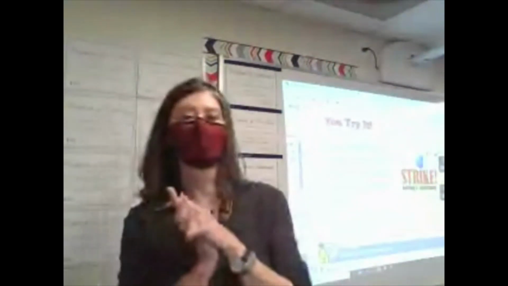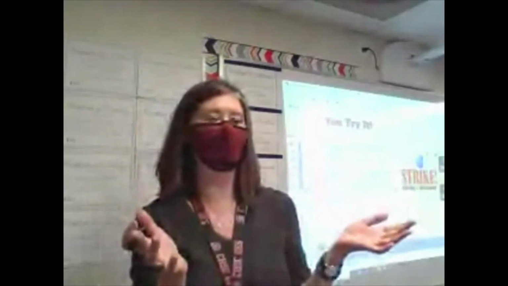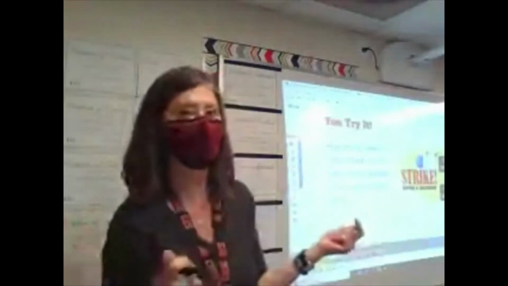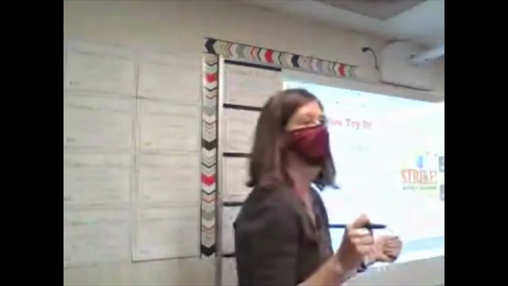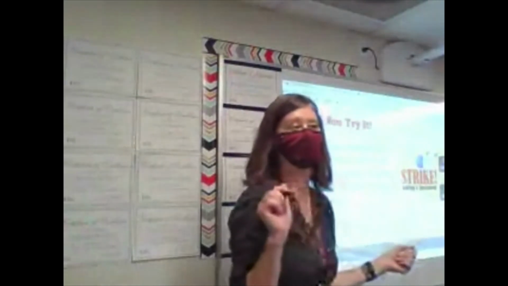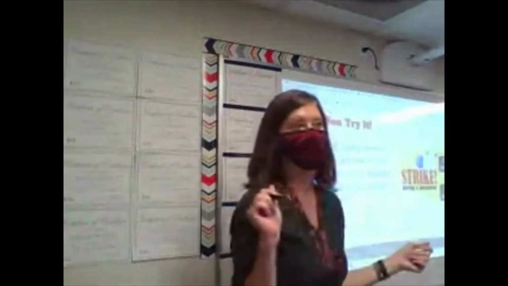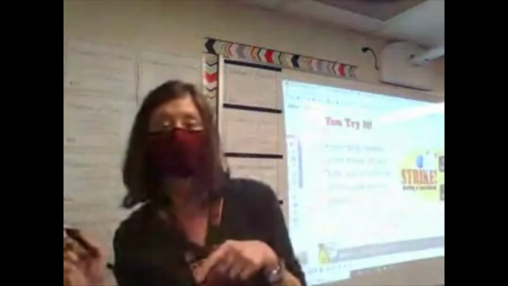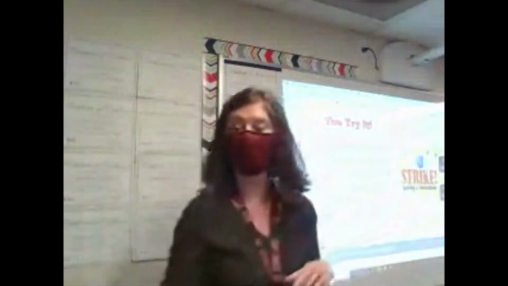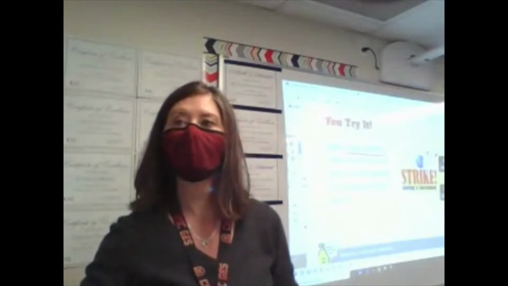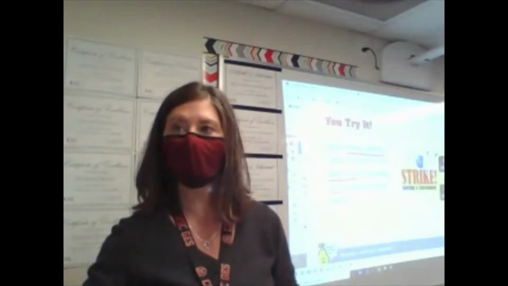Okay, so Stephanie, what are we trying to find out? What's the thing we're trying to figure out in this problem? Okay, how many games does it take for what? Okay, so how many games does it take for the total cost to be equal?